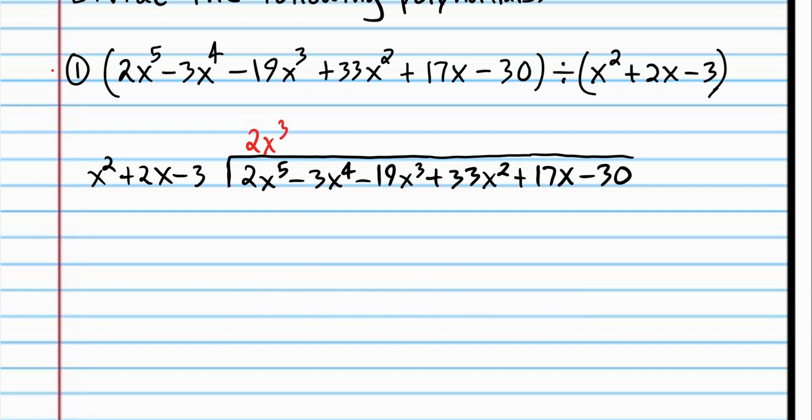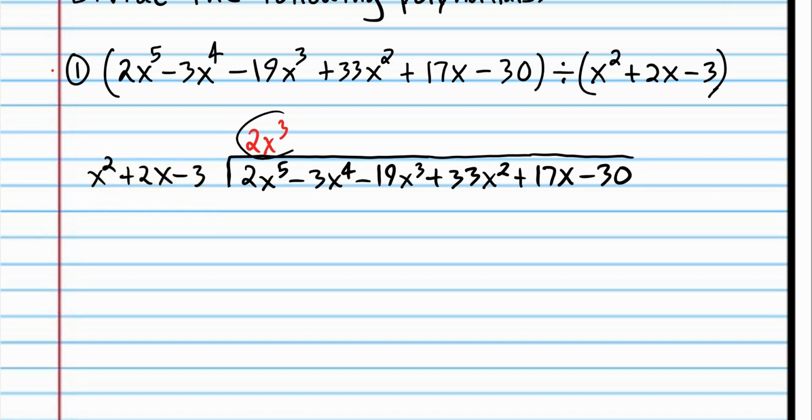All right. Again, if you multiply x squared and 2x to the third power, you get 2x to the fifth power, which is this blue term. That's what we want. That's step number one. Now, step number two is to multiply that term you just wrote up there by the divisor. Now, notice that there's three terms in the divisor, so you're going to have to use the distributive property.